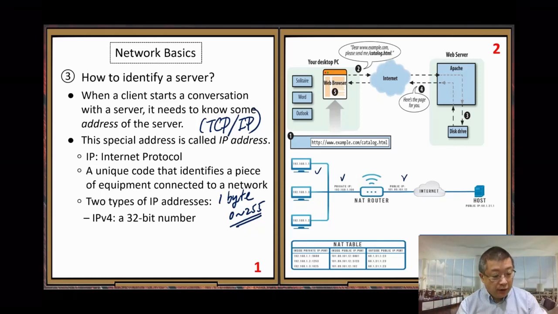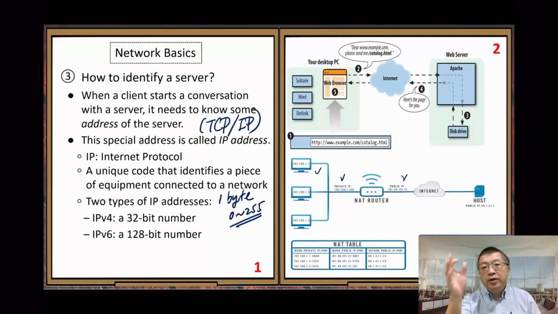The second type, IPv6, is the relatively new one, but we are using it also. Actually, in current technology, people use both IPv4 and IPv6 mixed. But IPv6 is much larger: a 128-bit number. That many bits.